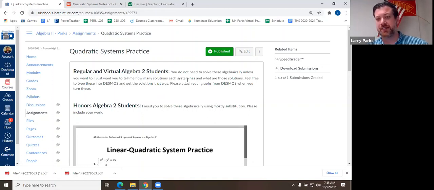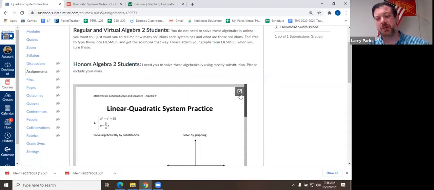You do not need to solve these algebraically unless you want to. I just want you to tell me how many solutions each system has. What are those solutions? Feel free to use Desmos and get the solutions. All I ask is that you turn in your Desmos graphs. Honors students, this is one of the first big differences in the class. I need to see your algebra work.